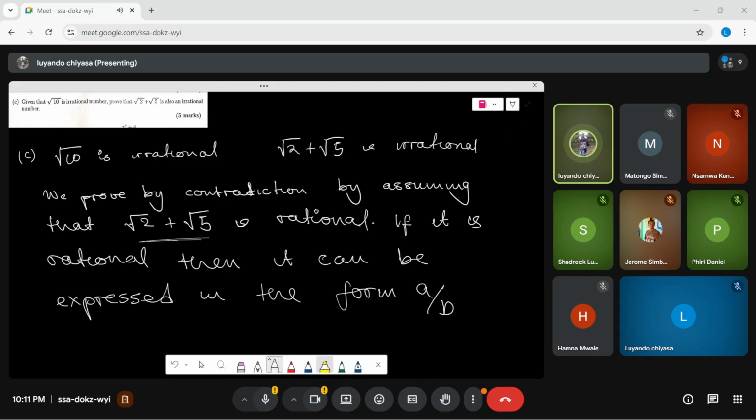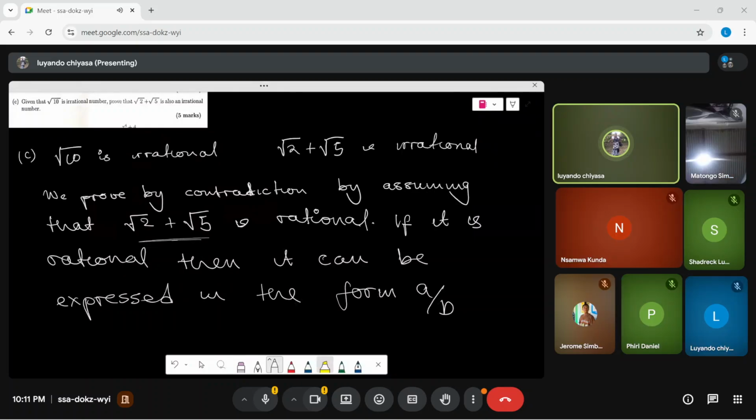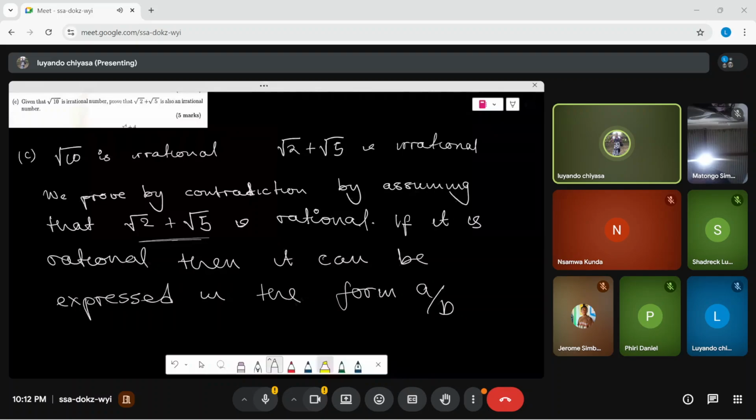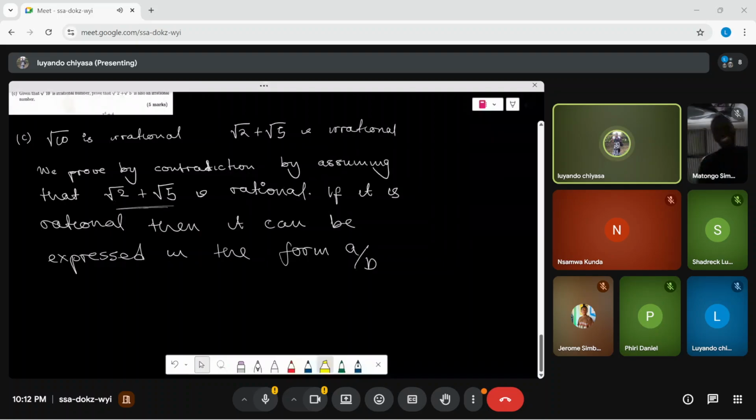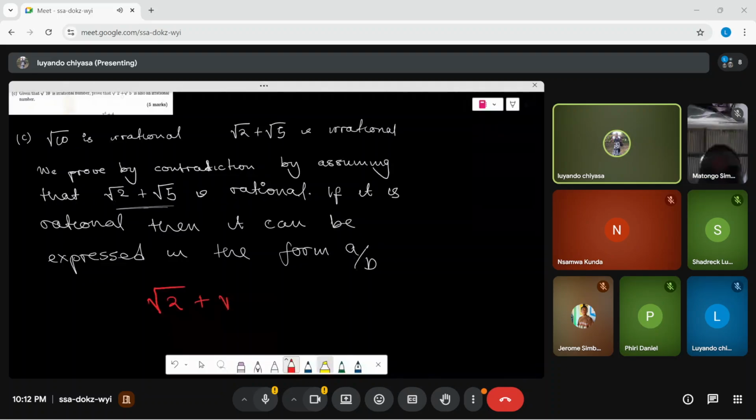You know how this statement ends, guys. If you want, you can say it can be expressed in the form A over B, where B is not equal to 0 and there is no common factor between A and B. So when you write this statement, it means that you are saying that you can write root 2 plus root 5 in the form A over B.